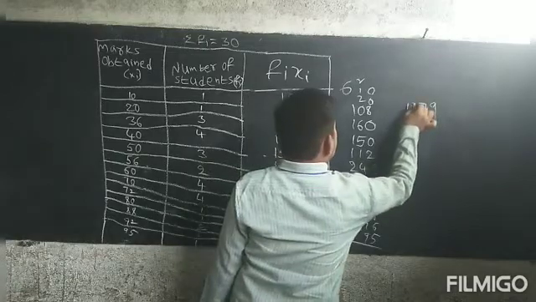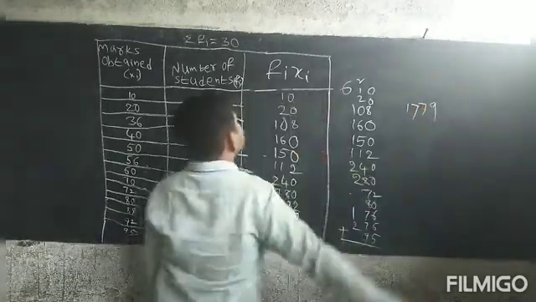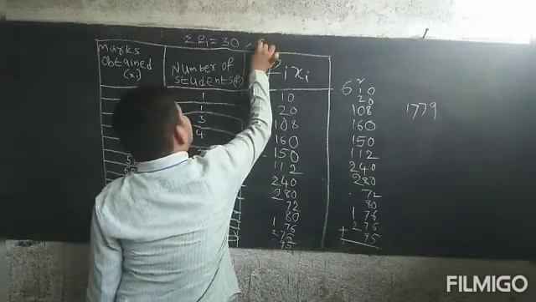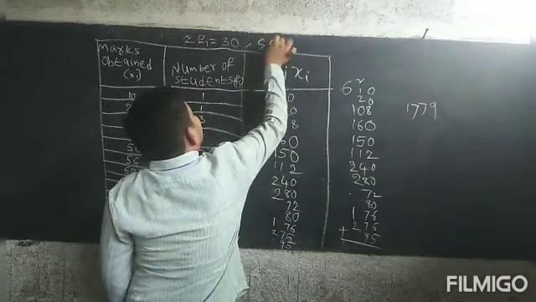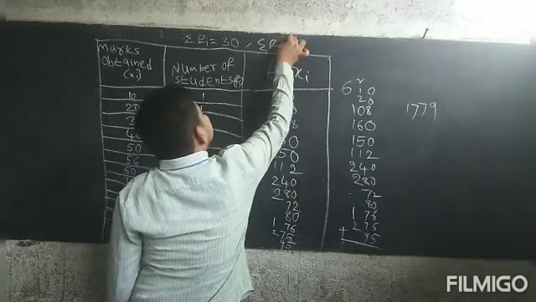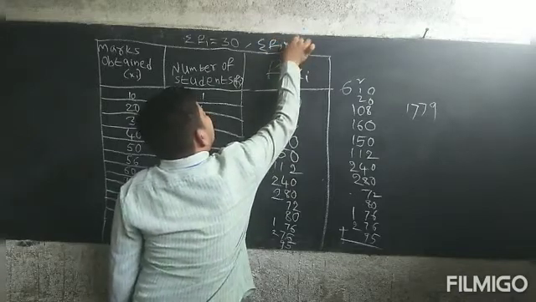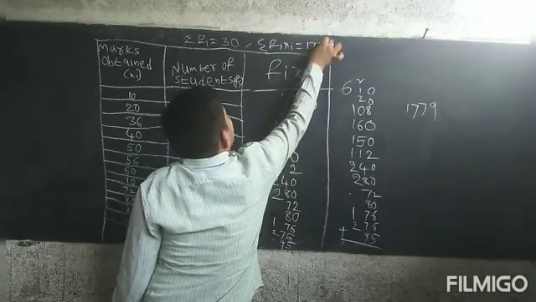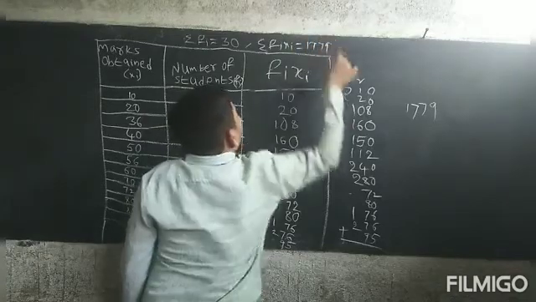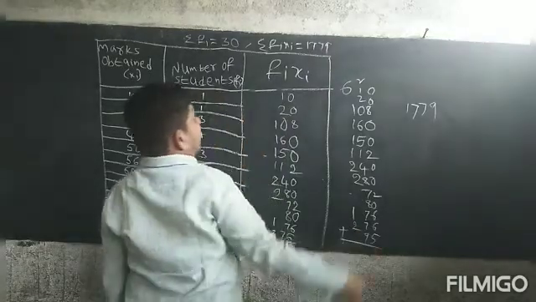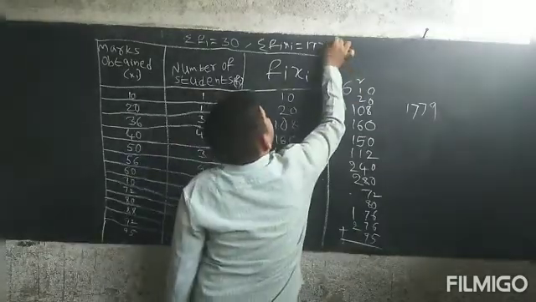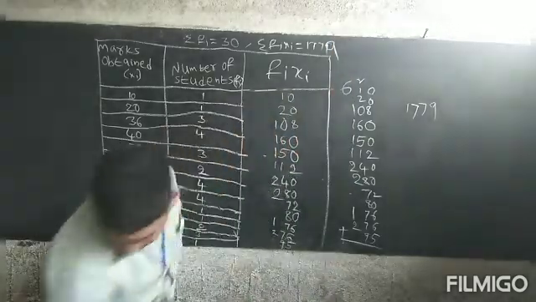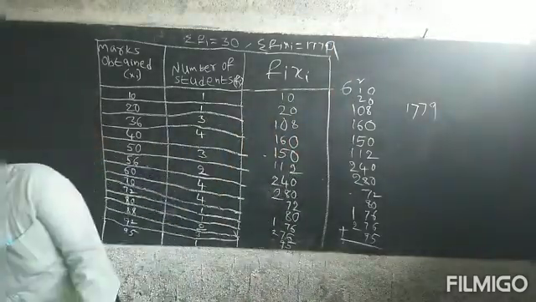So the value of sigma fi xi is equal to 1779. Okay? Now to calculate the mean value.